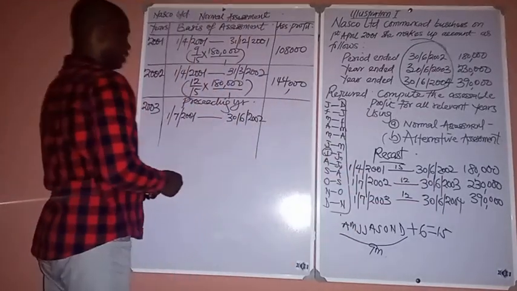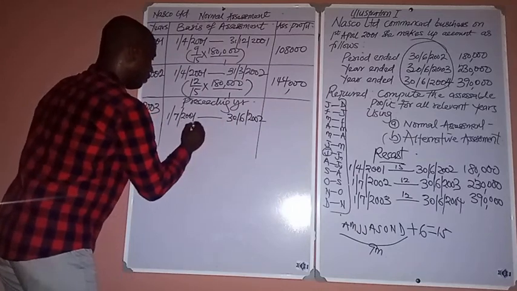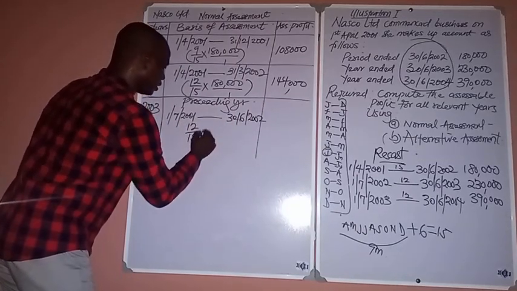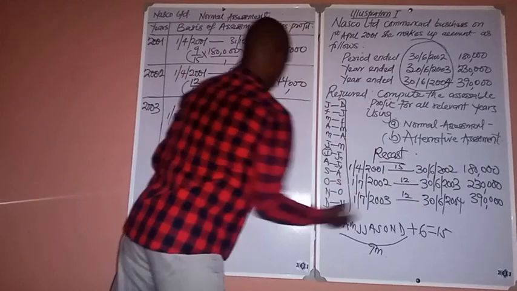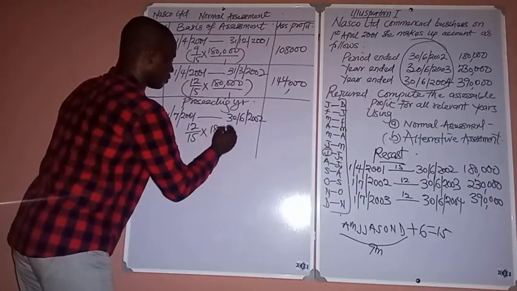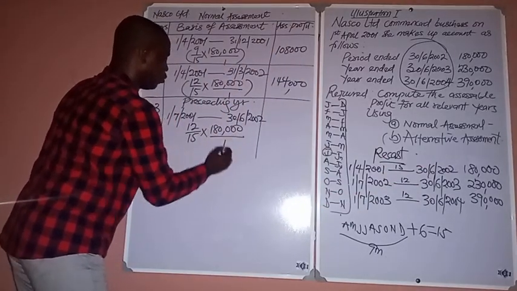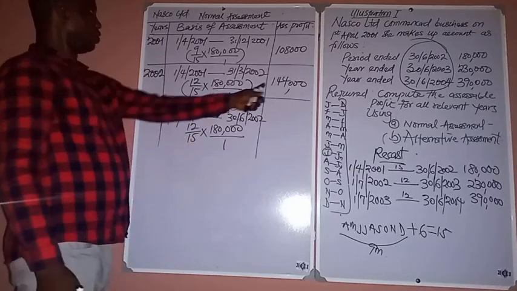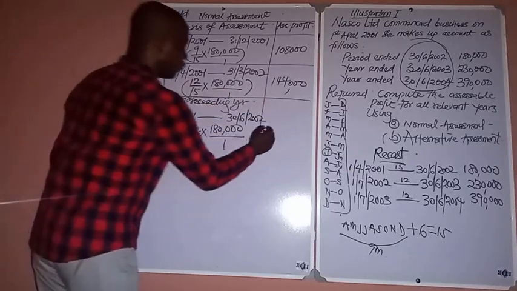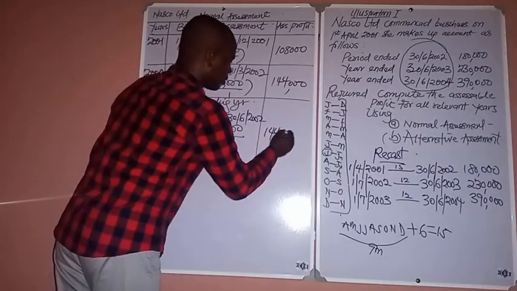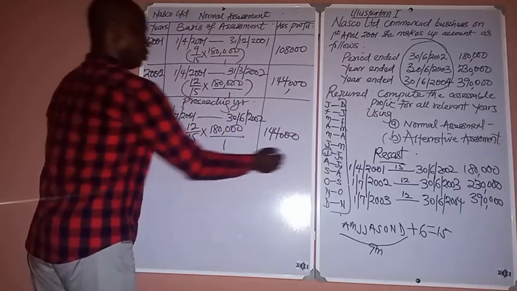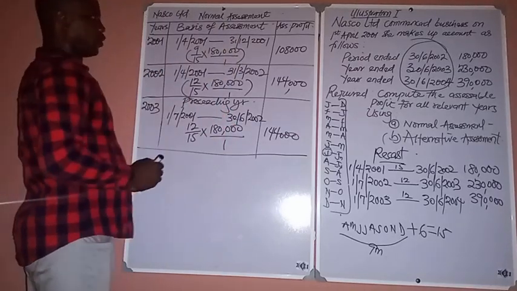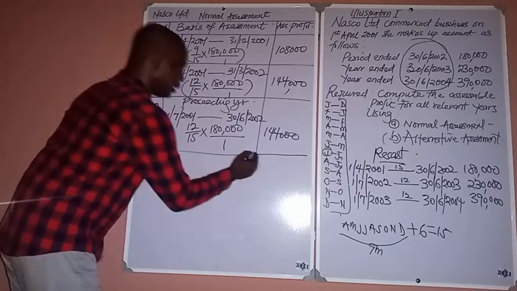So we're going to take the proportion again of these 12 months, 12 again, all over 15 times the same profit, 180,000 over 1. When we do this, we're going to arrive at the same figure, 144,000. So this is the first 3 years' assessable profit of this company, and that's the relevant years.